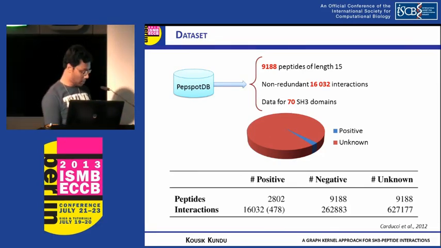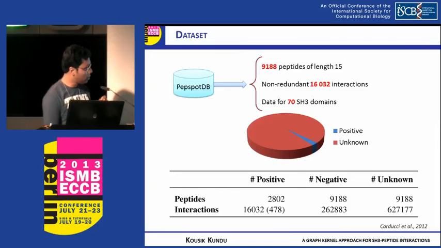Here in the pie chart, you can see all the combinations of interaction. We only got 16,000 positive interactions. Here the blue indicates the 15,000 positive interactions, but one cannot assume that all other possible interactions are negative, because in high-throughput techniques the method is highly affected by false negative data. So one cannot assume it.